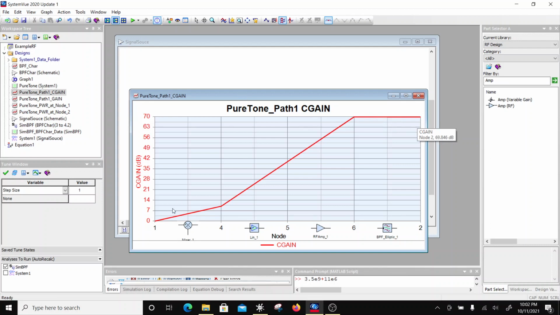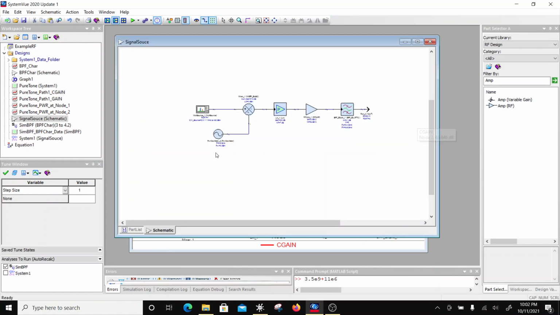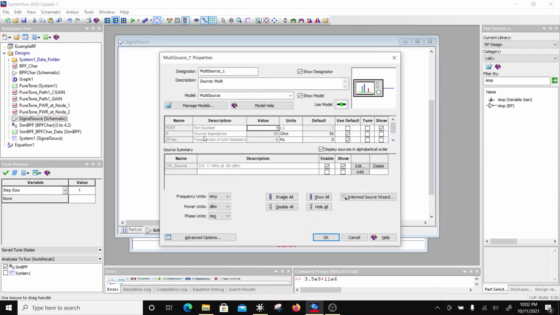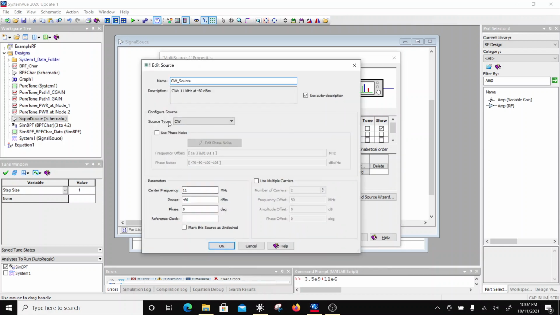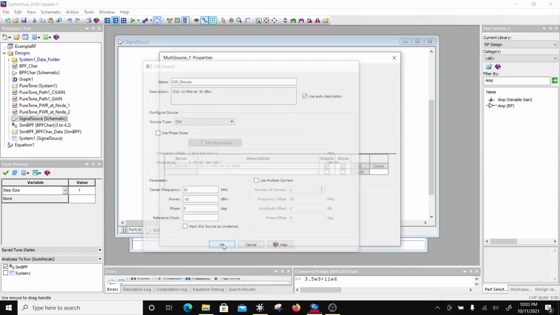Now let's see if I expose this to compression. So if I increase the input power, right now it is going to start compressing at minus 31. Let's see if it is compressing.